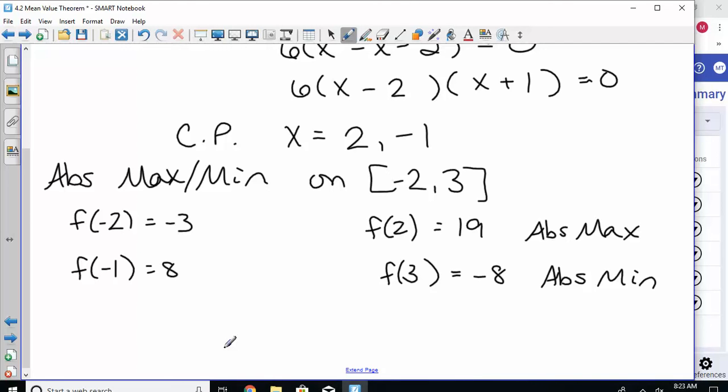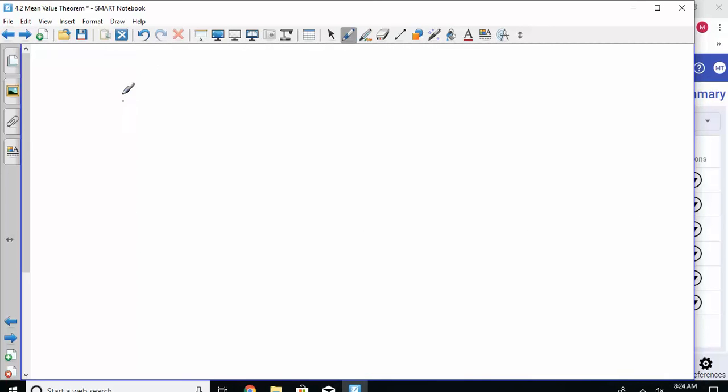Now we did some where you had negatives come up in your exponent. If I gave you this one and asked you to find your critical points, what would you do?